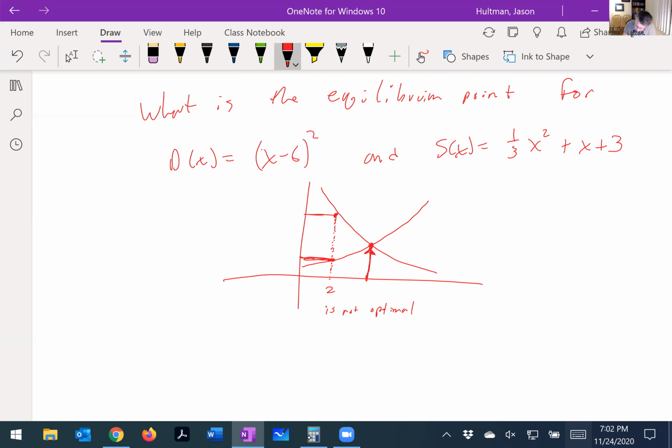I'd be willing to pay too much, which is my consumer surplus, and then my producer surplus is down here. Okay, so we're still not meeting in the middle. Okay, 2 is not optimal. We could go back and look at those numbers and see, oh yeah, it's a little low.